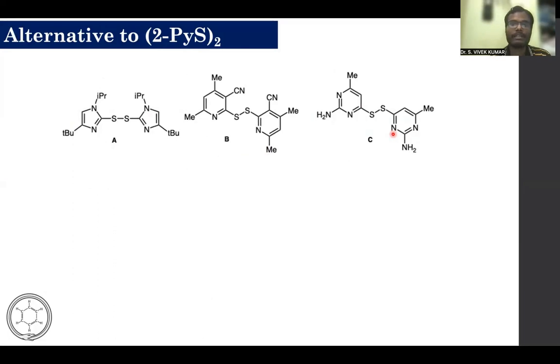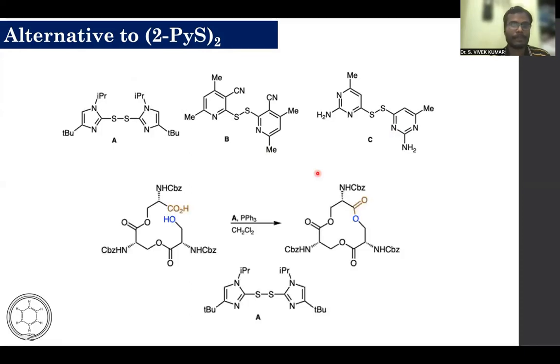All of these reagents can be useful for the Corey-Nicolaou macrolactonization reaction. This is one example of using an imidazole-based disulfide under the Corey-Nicolaou reaction conditions, which generates the corresponding macrocyclic lactone.